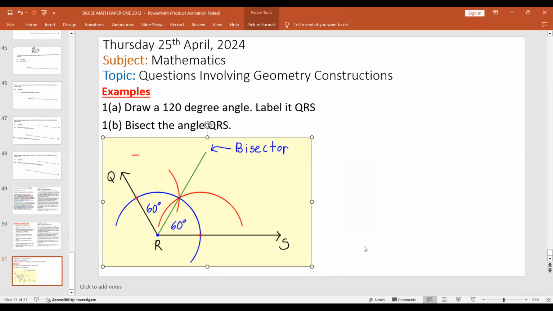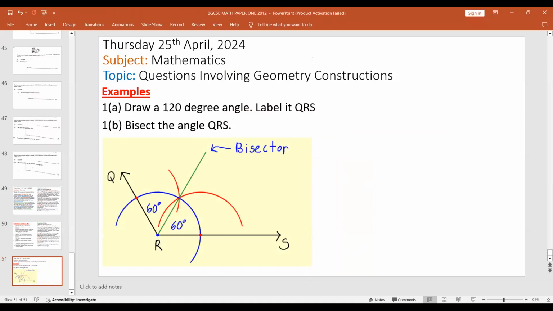Where is Zaria? Zaria, are you there? Yes, sir. I posted inside the chat the 2020 BGCSE paper 2 solutions.